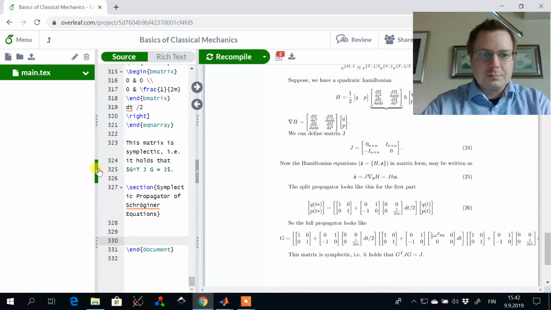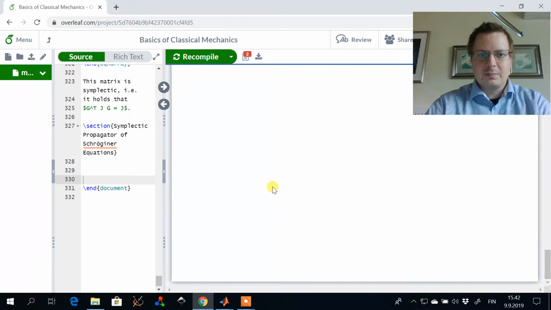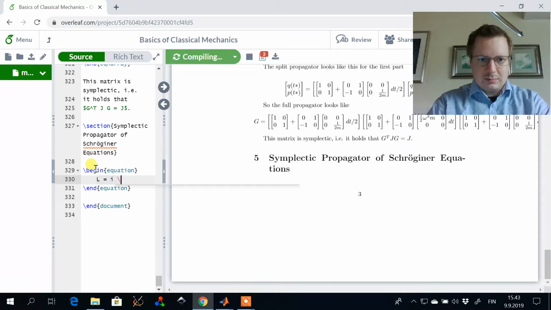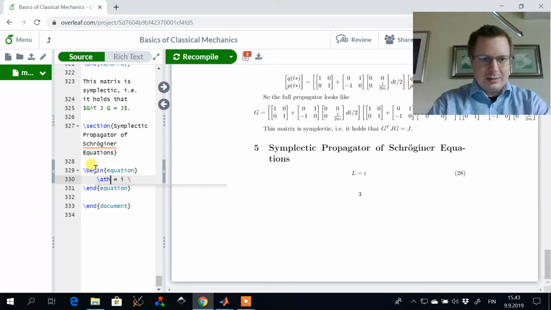We can define the Lagrangian for the Schrödinger equation such that it will be i. Okay, I'm going to have to do a little bit of math here.